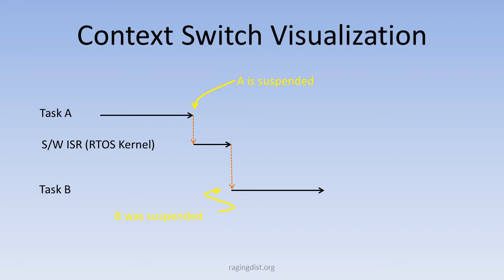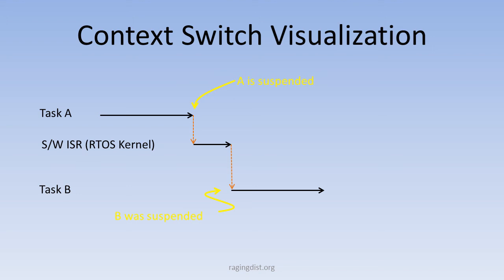This is a sequence diagram showing three different threads: task A, the software ISR, and task B. In this case, task A is running, and then the orange dotted line shows that task A is suspended, and you have a context switch over to the ISR. The ISR runs for a while, terminates, and has a context switch again to task B.